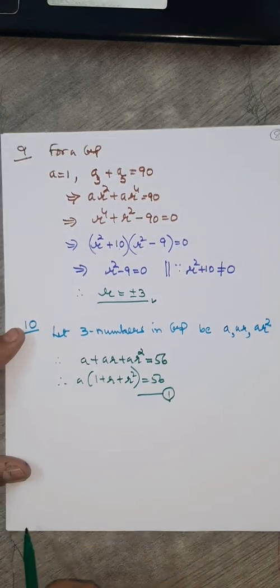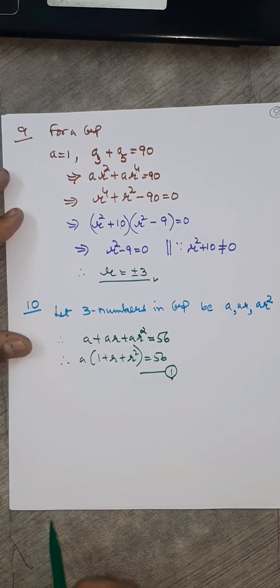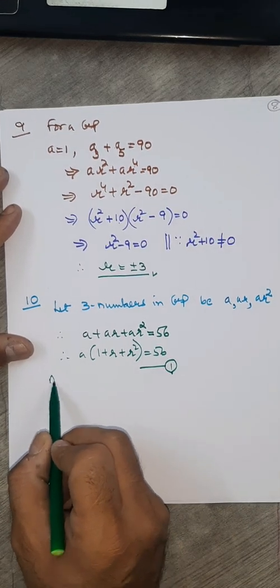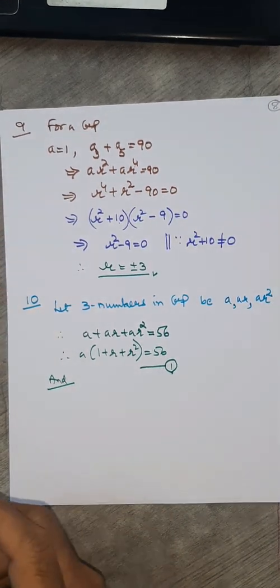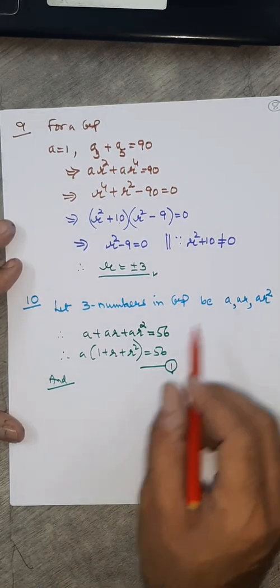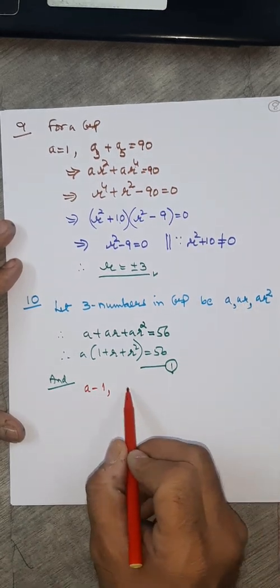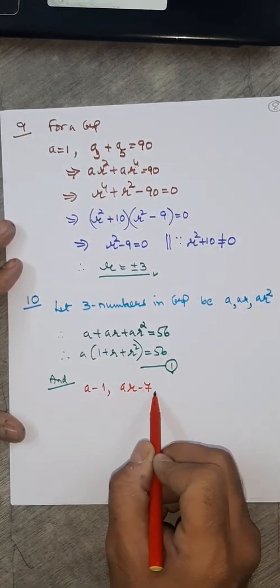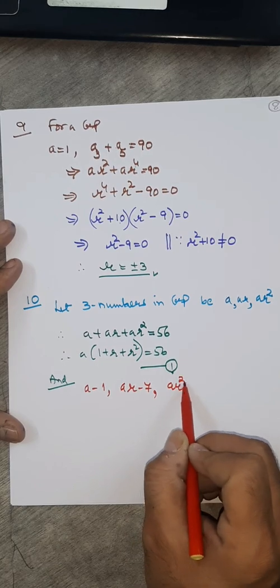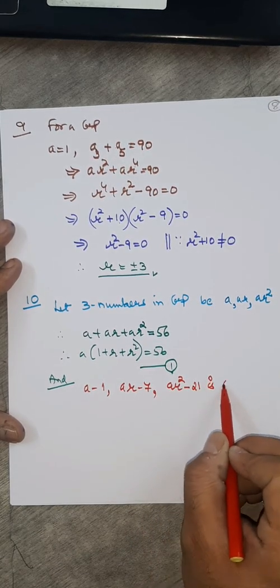Call this as 1. Okay, one more condition we have. If we subtract 1, 7 and 21 from these respectively, then we get an arithmetic progression. So now we subtract 1 from this, so a minus 1, 7 from this, that is ar minus 7, ar squared minus 21, is an AP.